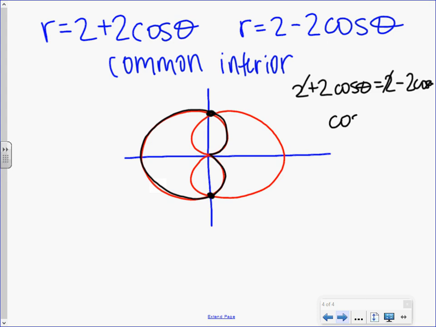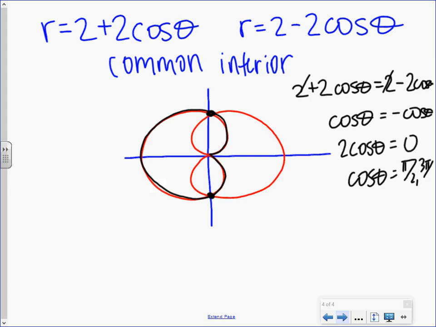Isn't that just cosine theta equals negative cosine theta? Whoa. 0. That is intense. Some of us could figure that out if we really thought about it. Some of us like the algebra to prove it.